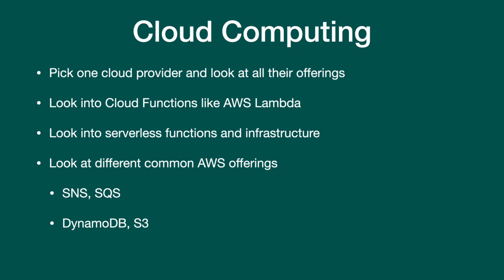All of these are different messaging services, different queuing systems. You also have different databases like DynamoDB and S3, both of which are very common AWS offerings. So go ahead and see how they work, right? A lot of development in the next few years is going to be in the cloud. So you want to be familiar with different cloud offerings as a backend engineer.